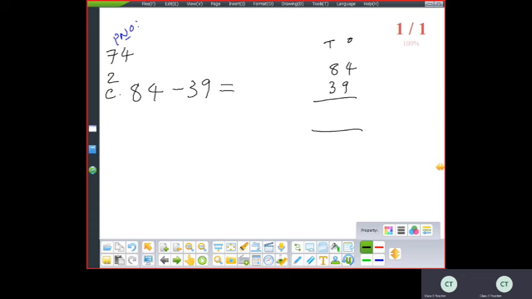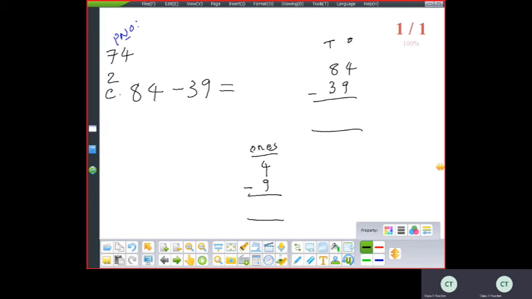First subtraction on 1. The digits from the 1 place are 4 and 9. 4 minus 9. But we cannot take 9 from 4. 9 is a bigger number, 4 is a smaller number.